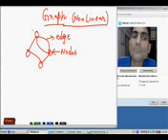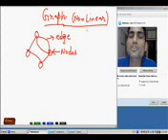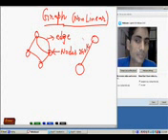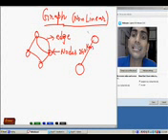Each of these edges will have a certain weight attached to it. In a graph, these weights can be in terms of distance, cost, or other physical units.